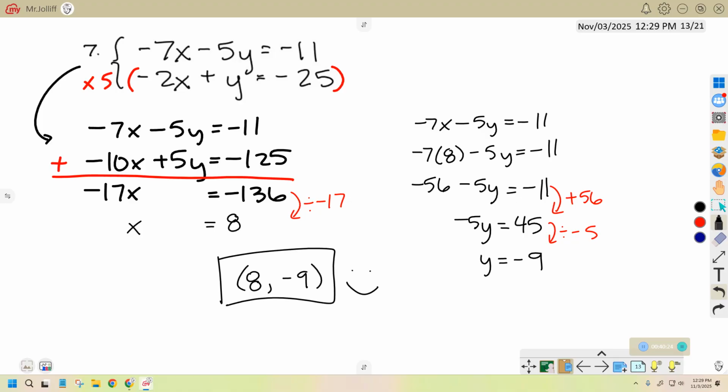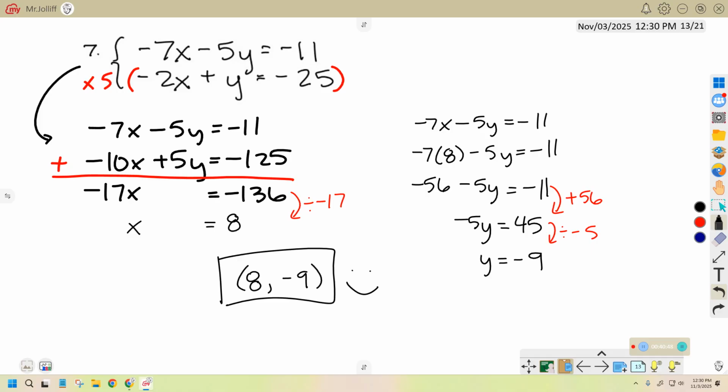I am hoping, again, that feels familiar. There's a little bit of that in your Delta Math for this week. First couple questions. The elimination method, this process where we're multiplying equations by a constant and then adding or subtracting them to the other equation, relates to what we're going to start talking about tomorrow.